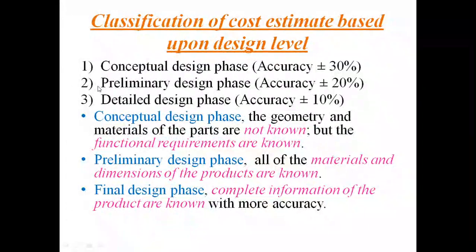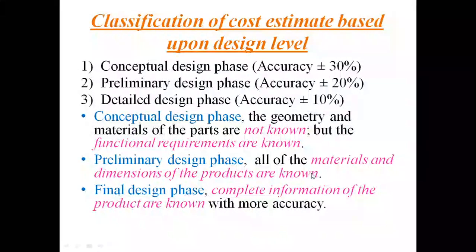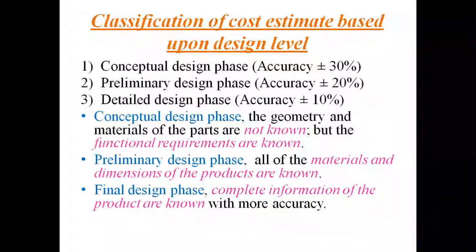And second one is preliminary design phase. In the preliminary design phase, all the materials and dimensions of the product are known. The preliminary cost estimates are generally used to determine the project feasibility.